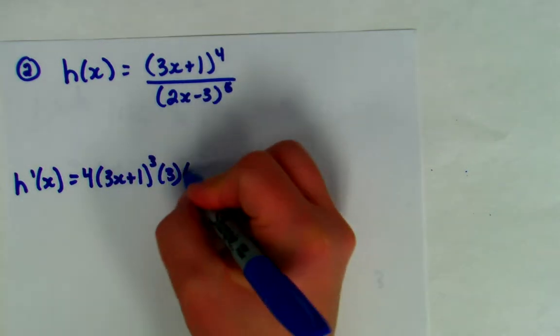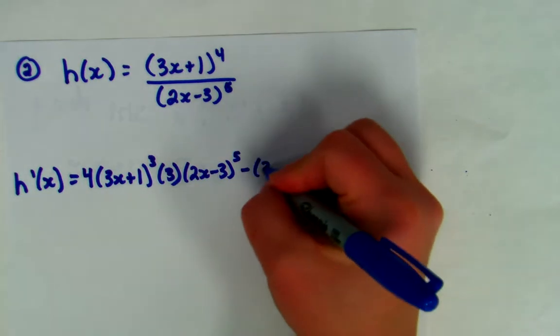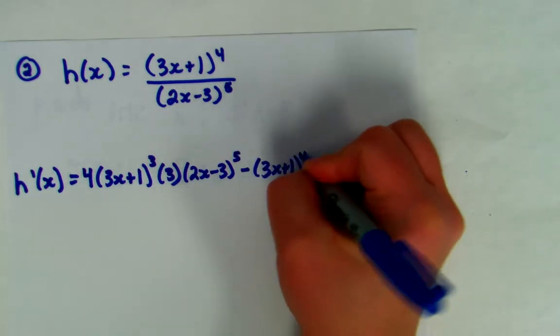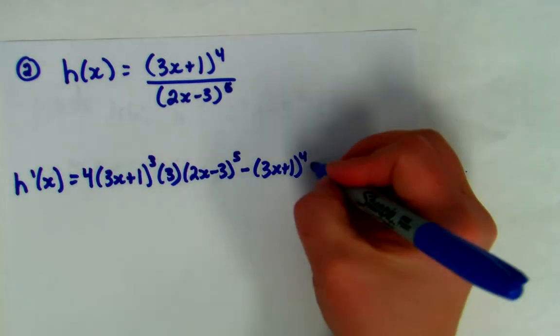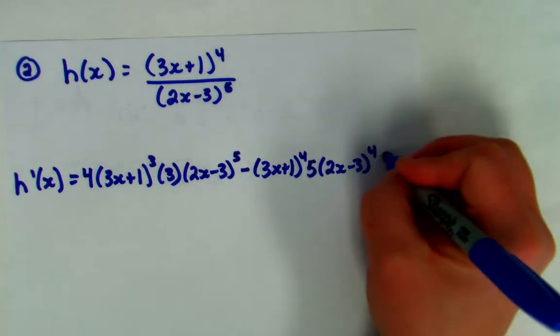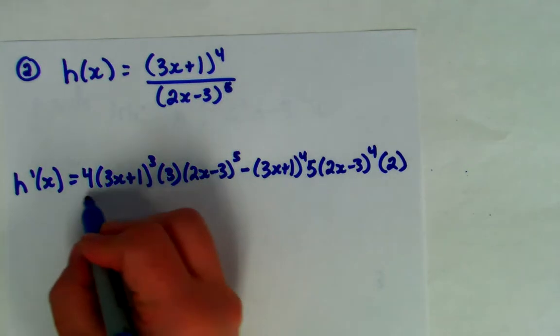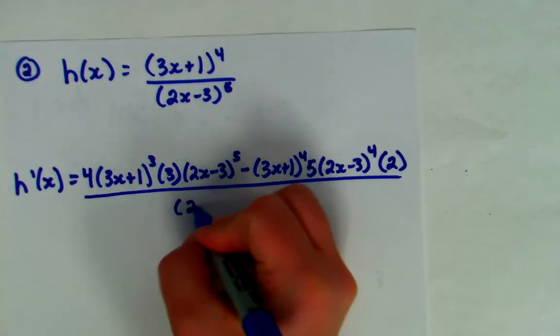So the derivative of the top times the bottom minus the top times the derivative of the bottom. So 5, keep it the same, drops to 4, then look inside, and the inside derivative is 2, all over the bottom, squared.